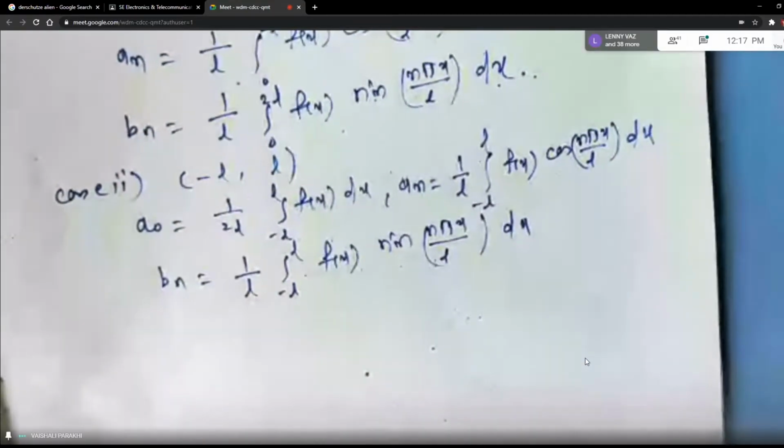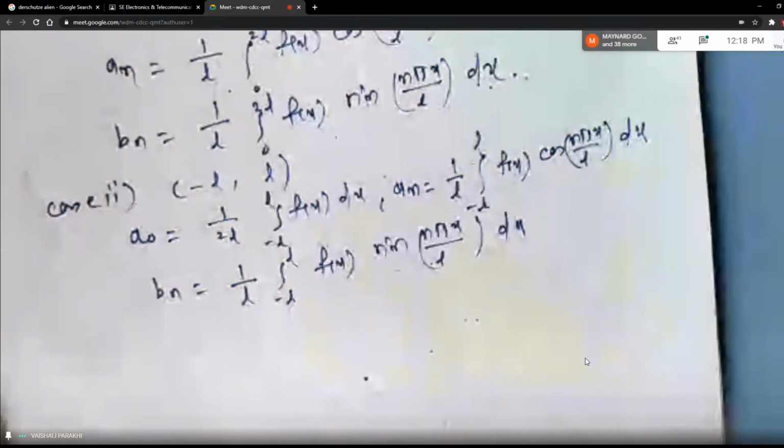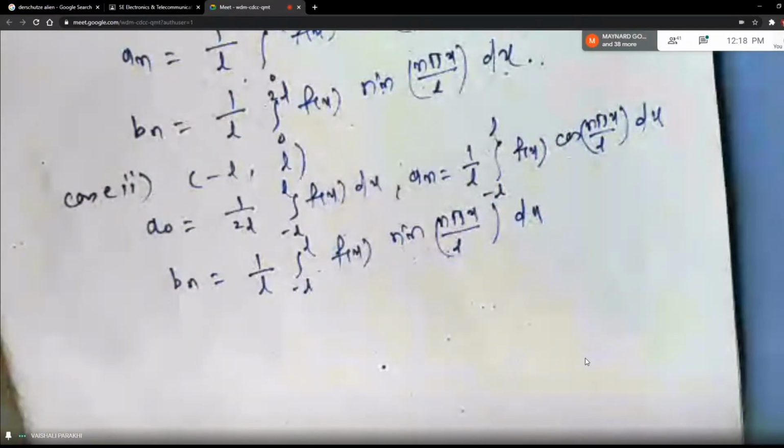So everything in both sets is the same except the limits, if you observe. There the limits are from 0 to 2L, and here the limits are from minus L to plus L. Okay. Any doubt, students?